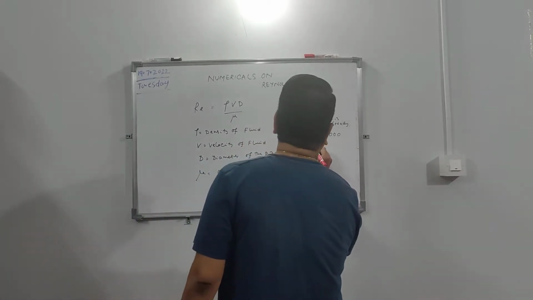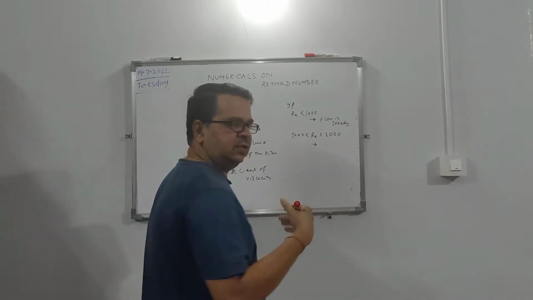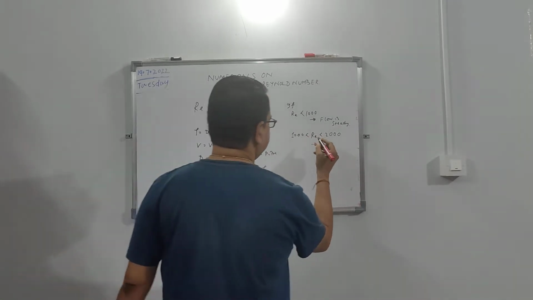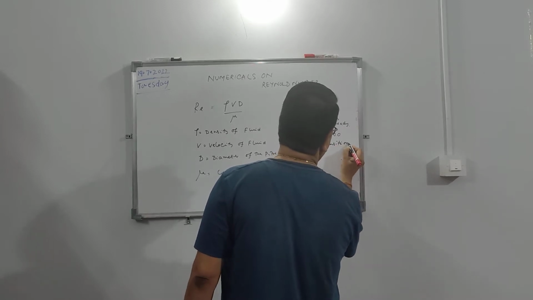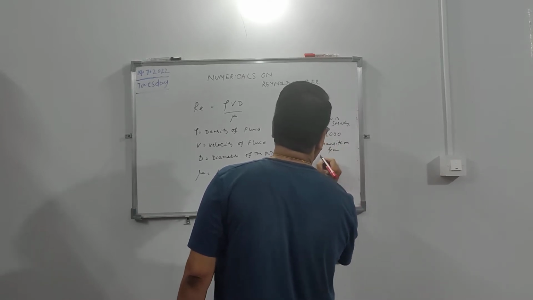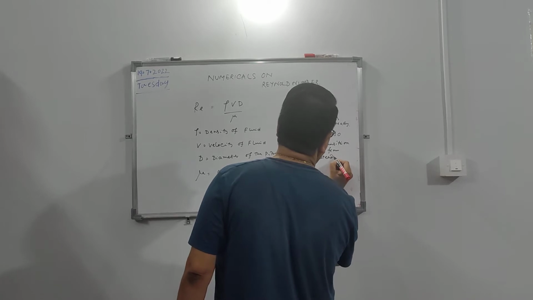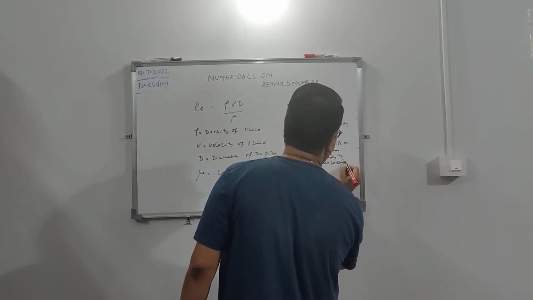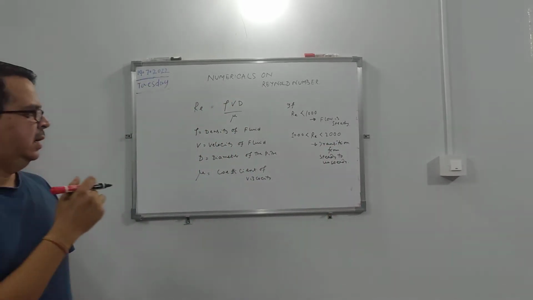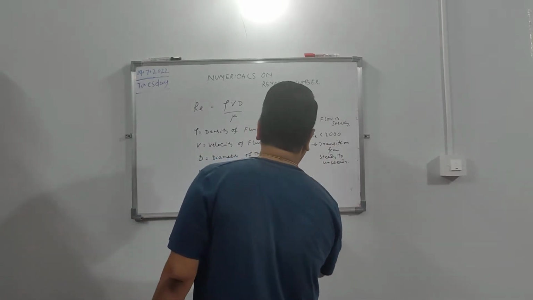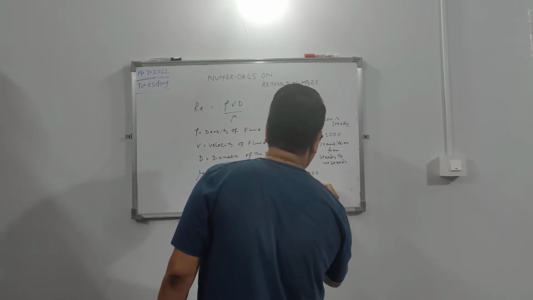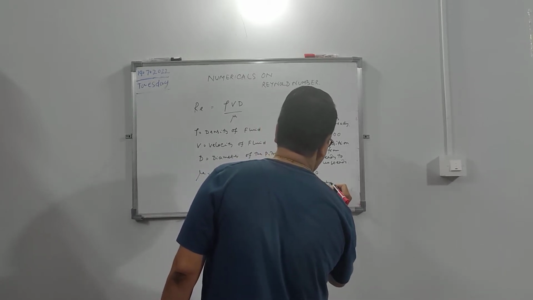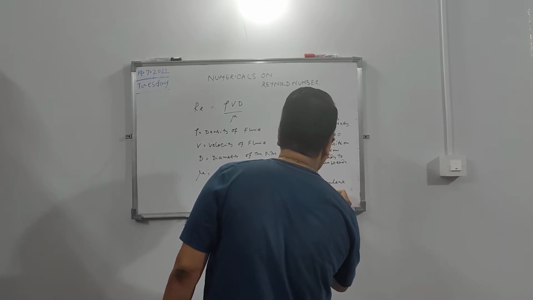This range is the transition from steady to unsteady. And if the Reynolds number is greater than 2000, it is turbulent or unsteady flow.